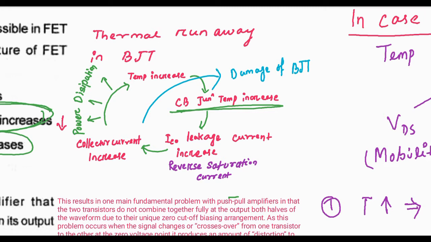As the collector current increases, power dissipation in terms of heat will increase, and that will again cause the temperature to increase, and this becomes a cycle, and as a result, after some time the BJT will be damaged.